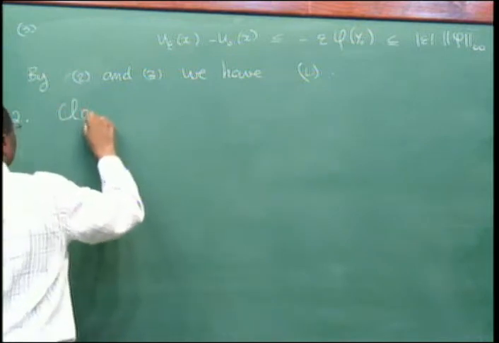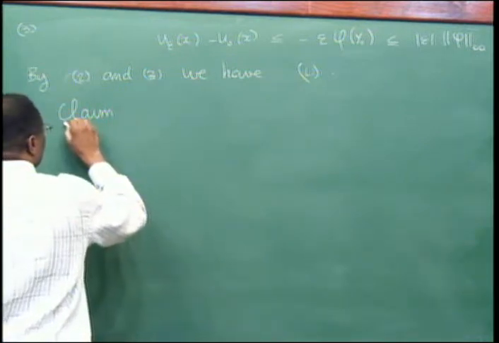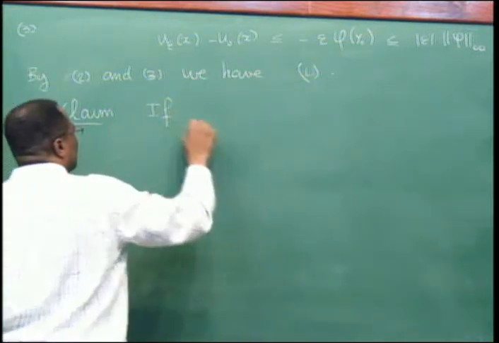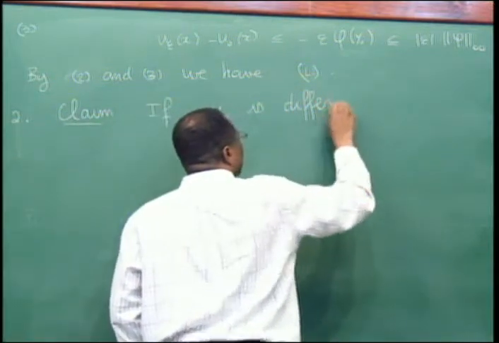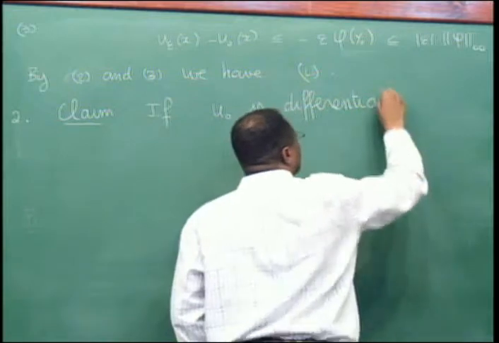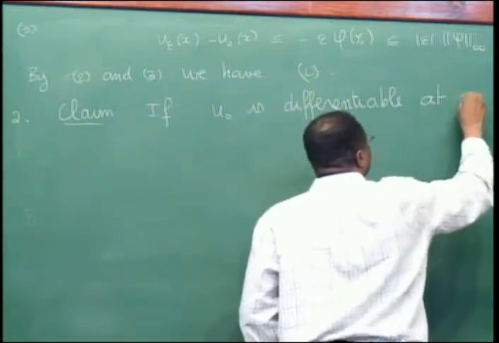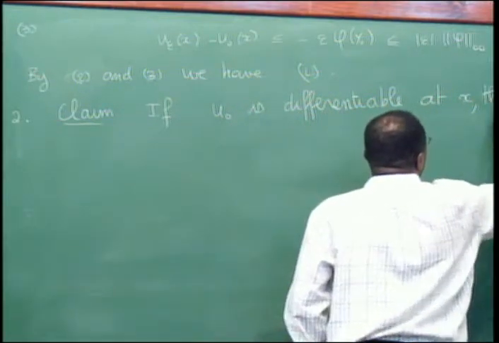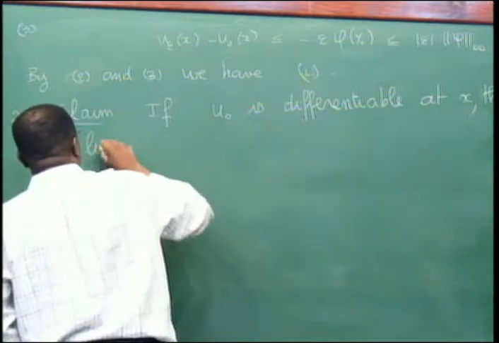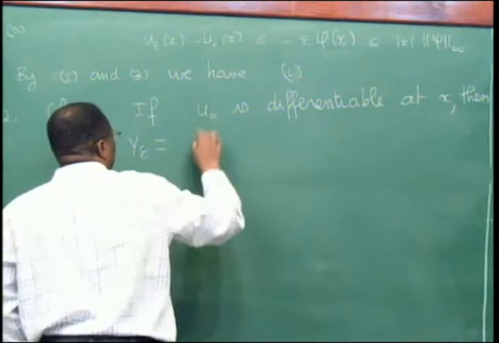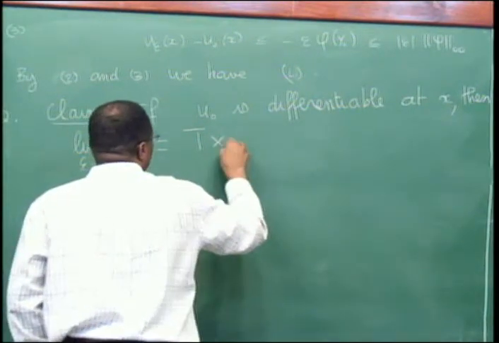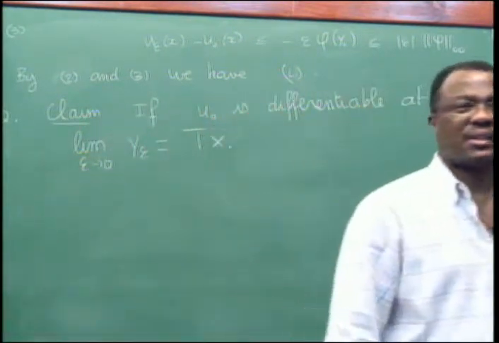Claim. If U naught is differentiable at x, then the limit when epsilon goes to 0 of y epsilon must be equal to t of x.